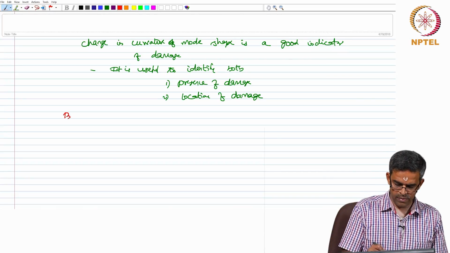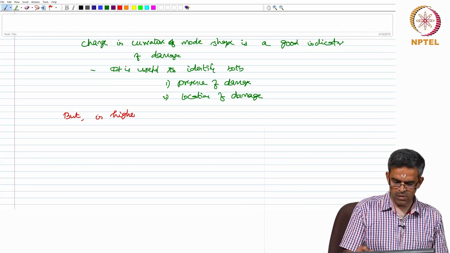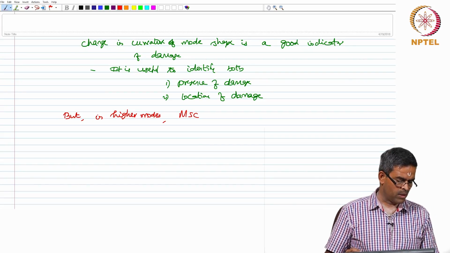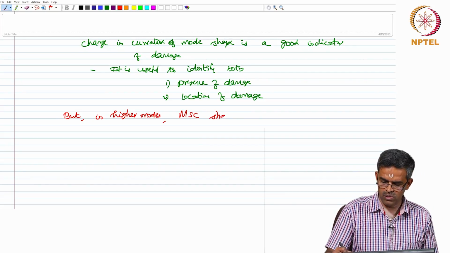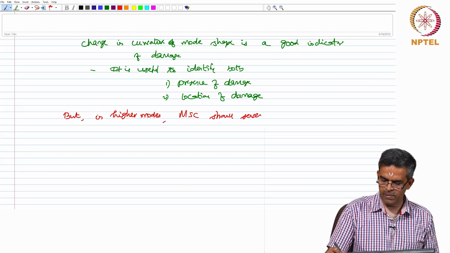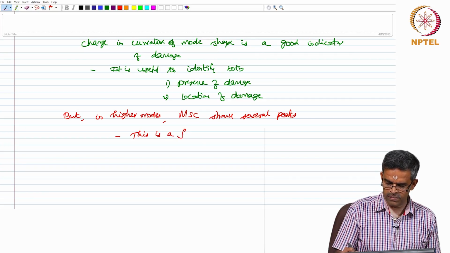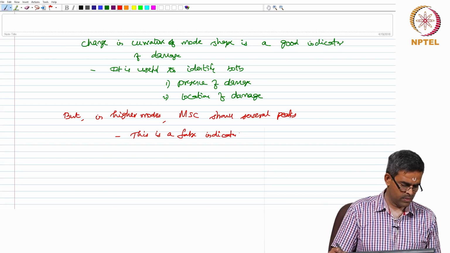Unfortunately, in higher modes, modal shape curvature shows several peaks. This is a false indicator of damage.